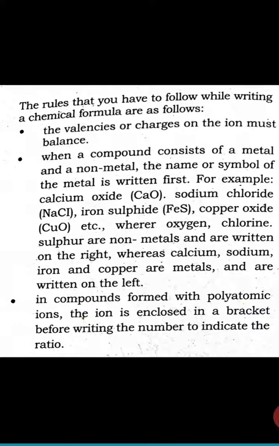For example, in calcium oxide, calcium is a metal and oxygen is the non-metal. So while writing the chemical formula, you have to write the symbol of calcium first and then that of oxygen.